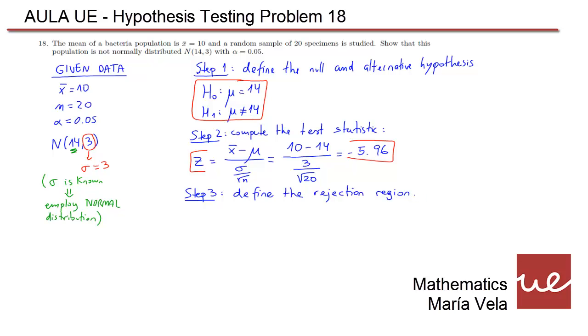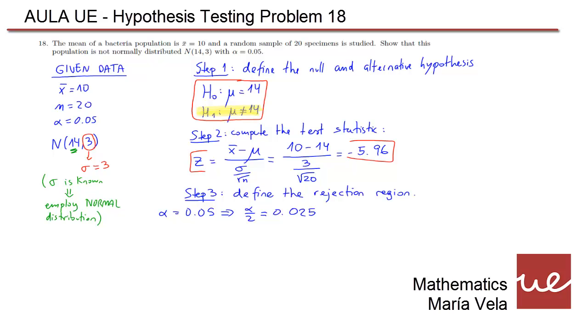So it's going to be a two-sided test. Okay, so we need to compute the value of alpha halves. Since alpha is given, it's equal to 0.05, alpha halves is just 0.025. Let me just remark this important fact. H1 is just mu different from 14, so it's a two-sided test.